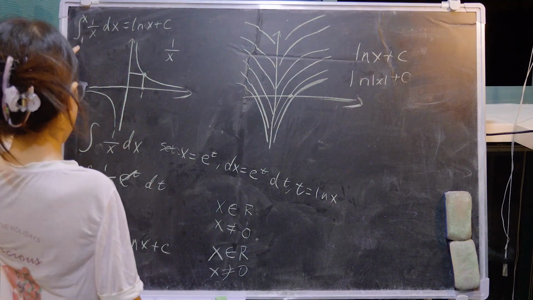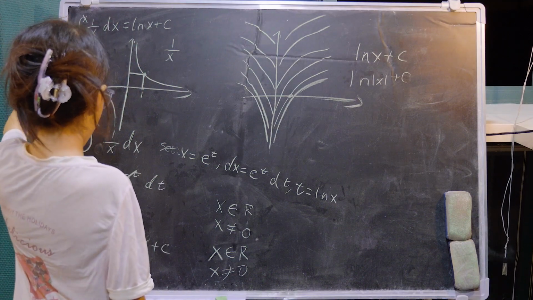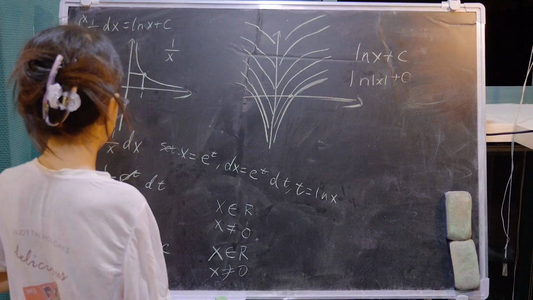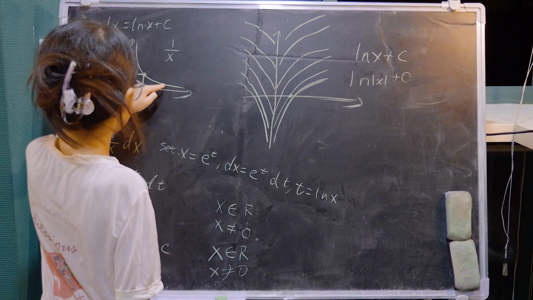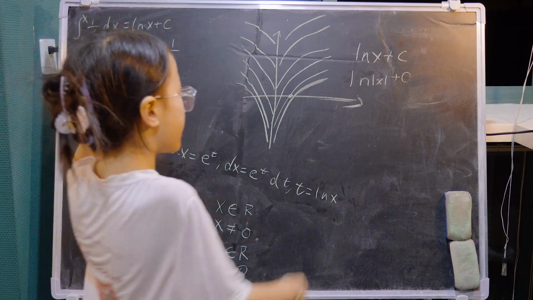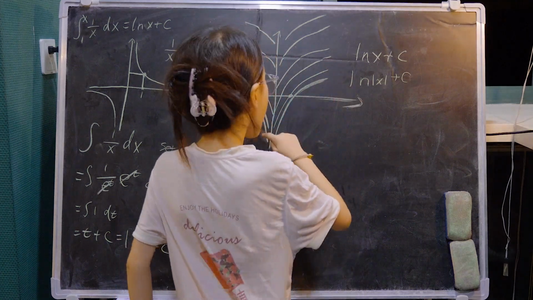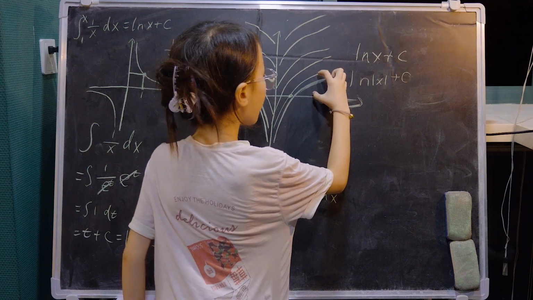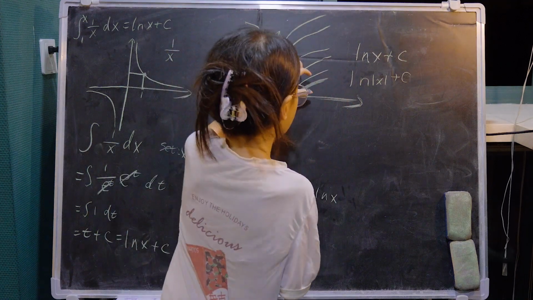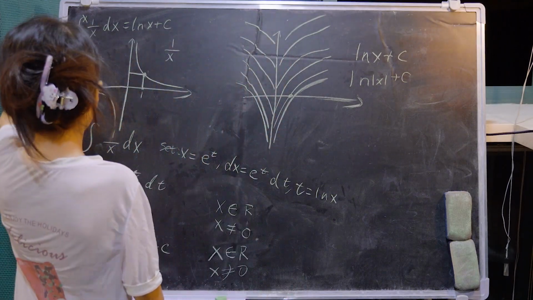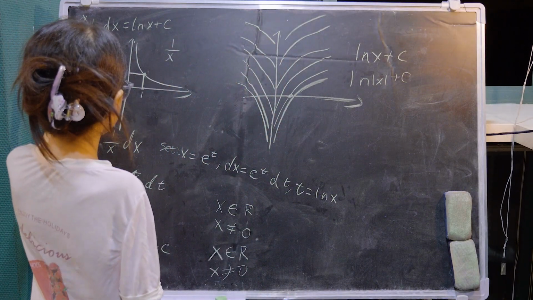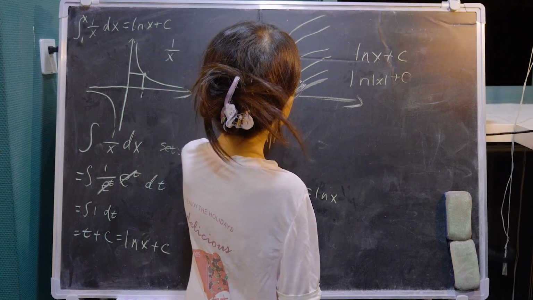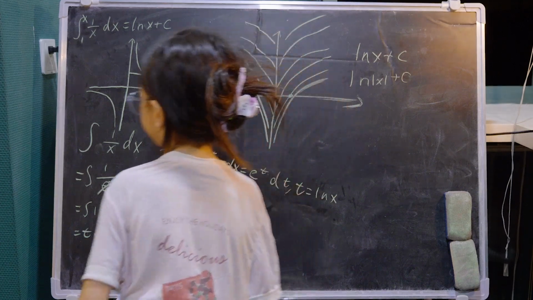And I use 1 to plug in so I can get another region like this. So I get their difference, this region. And in the ln x function this is a unique y value. And the same goes for each x value we choose, we get a unique y value.